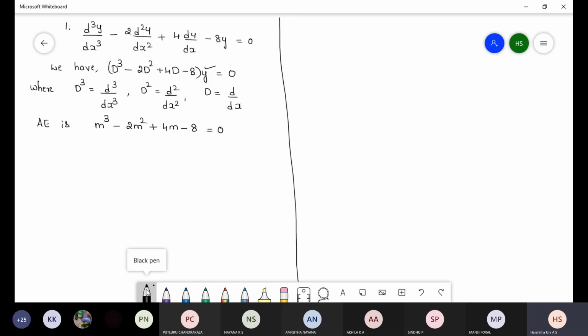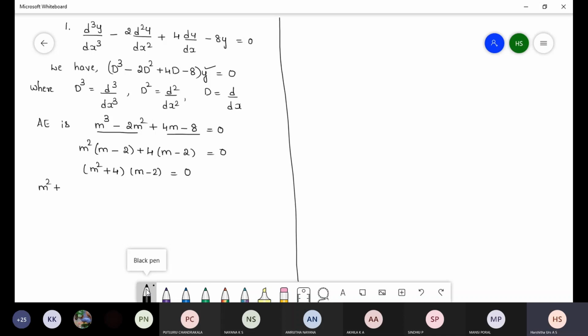We all know how to find the roots. In the first two, I will take m square as common, so I get m minus 2. In the third and fourth, I take 4 as common, again I get m minus 2. So m square plus 4 into m minus 2 is equal to 0.